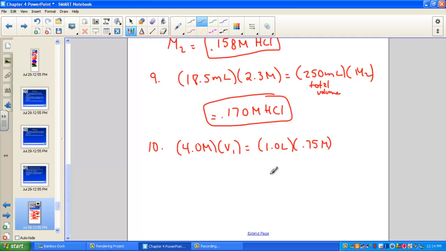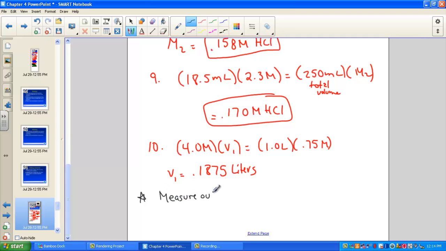Start on the side without the variable, so 1 times 0.75, you'll divide out 4, and V1, 0.1875 liters. Now I'm not done because the words here describe.